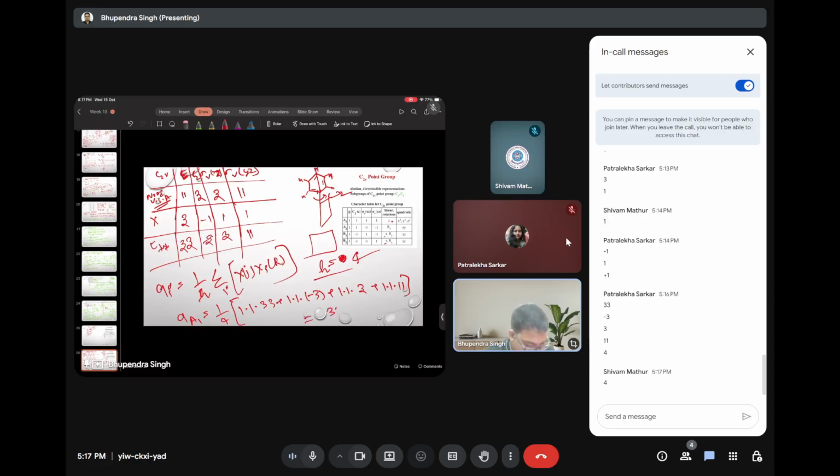It will be 33 minus 3 plus 3 plus 11 divided by 4, 44 divided by 4 equals 11.